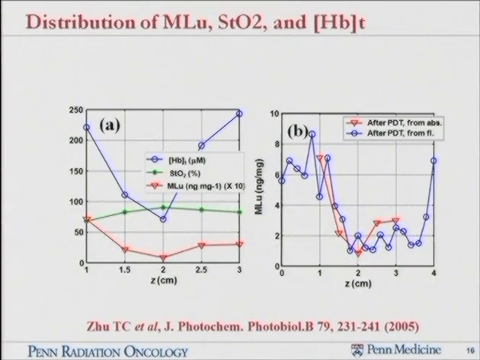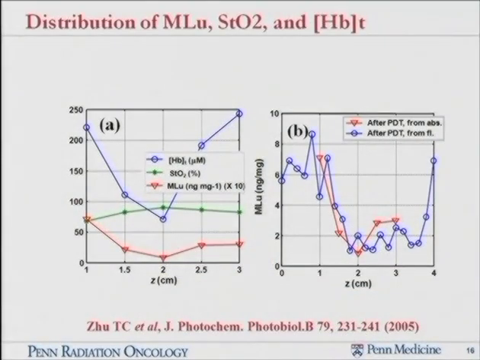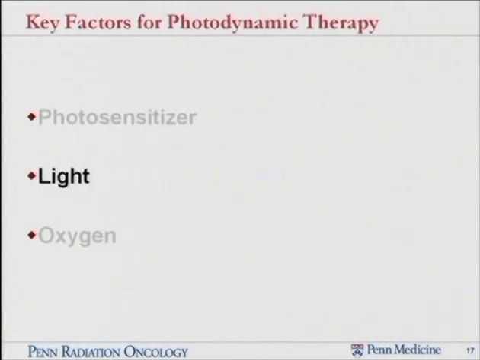So if we believe PDT dose is an important quantity for the PDT effect, then one really has to deliver more light in the region where there's less concentration of sensitizers than where there's a more concentrated sensitizer. So these data strongly indicate there is a very heterogeneous optical property distribution as well as sensitizer distribution in patients, and that strongly indicates one has to do personalized, patient-specific dosimetry.